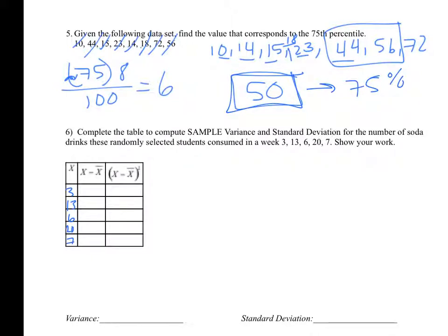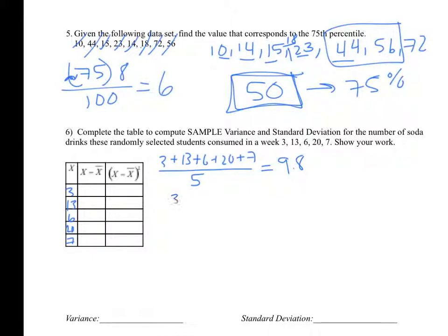We're doing it by hand, so we're just going to go 3 plus 13 plus 6 plus 20 plus 7, divided by 5. So that's 20, 40, and 49 divided by 5. That equals 9.8.